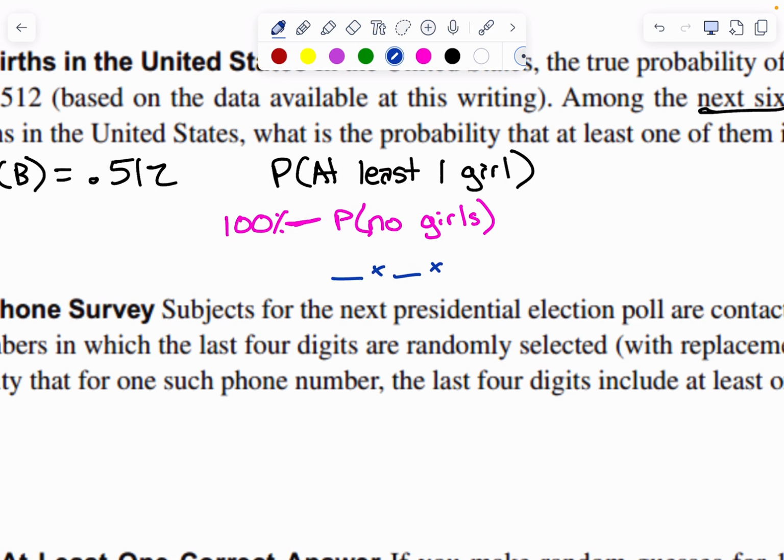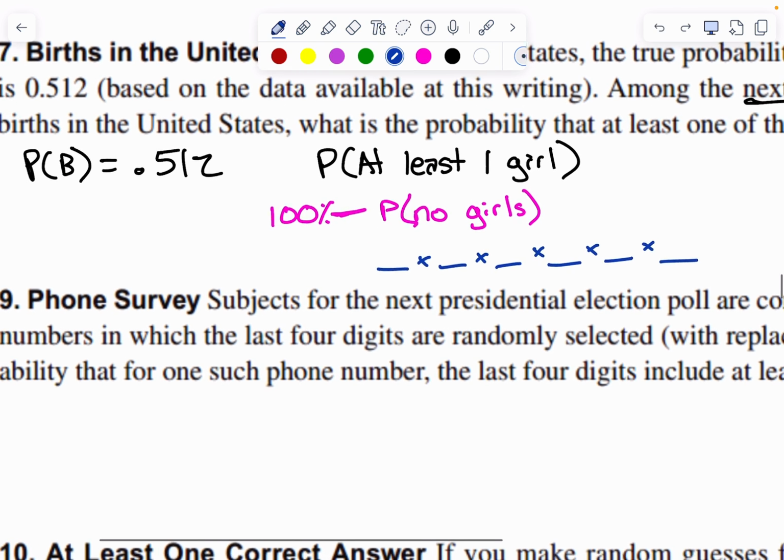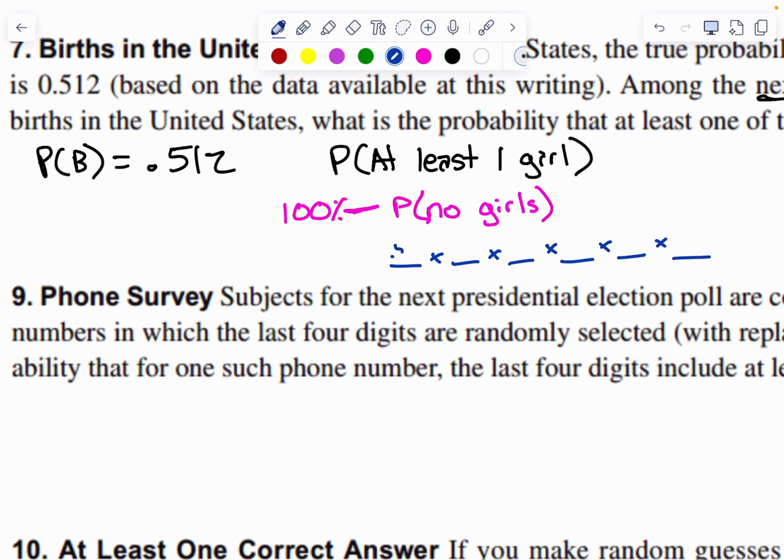What's the probability that this first one is not a girl? That would be a boy, 0.512. This one's not a girl, 0.512, 0.512. So I take 0.512 to the 6th power, which is a 1.8% chance.